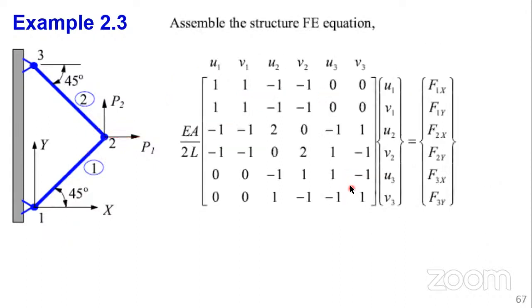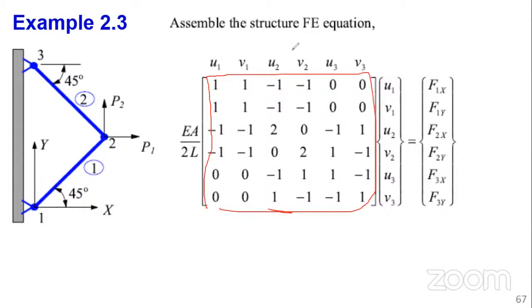You just need to add K1 and K2 to get the overall matrix. So you see, before we could not add the different matrices because the two elements are oriented in different coordinate systems. But now, once we have transformed them into the global coordinate system, we can go ahead and do the summation of the two matrices.